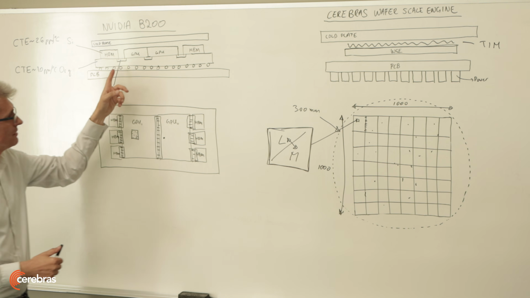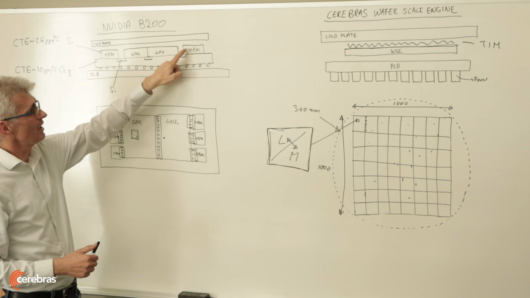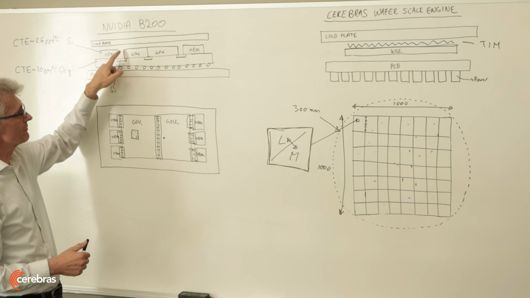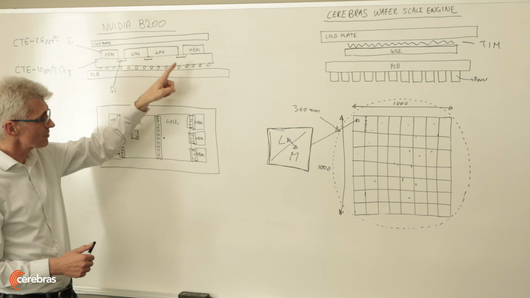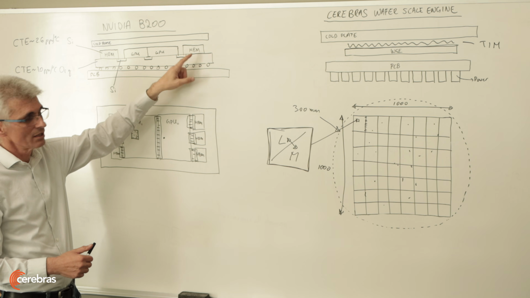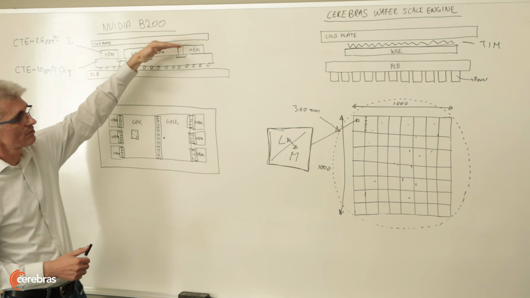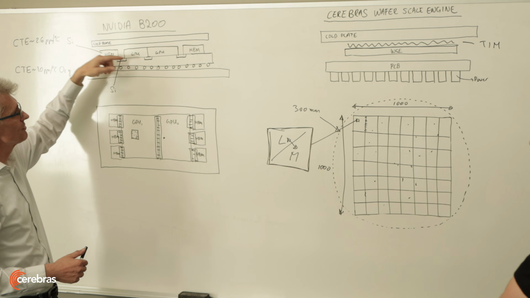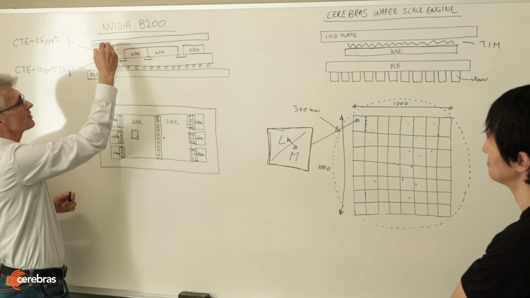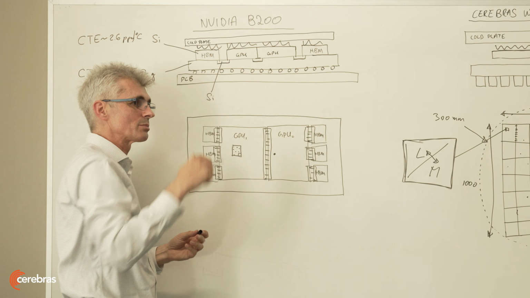While on a GPU or any reconstructed processor like this, you have various die that might have different heights, but most importantly, they might have different power consumptions with different thermal expansion, which causes them to be at slightly different elevation. So you need a thermal interface material here that needs to have vertical compliance.